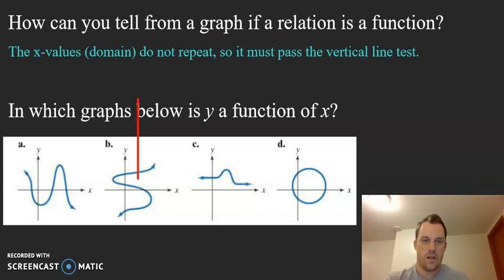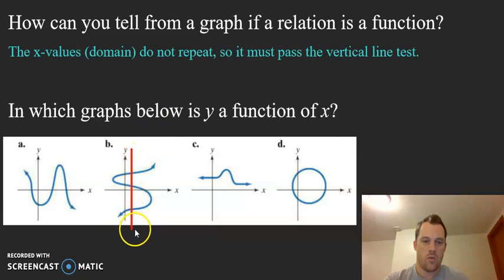So if we take this line here, and let's say we bring it to x equals 1, let's say that's right here. Well, there are 3 points on our graph where x equals 1. So we could have y values of maybe 4, 1, and -5. So that specific element in our domain corresponds to more than one element in our range.